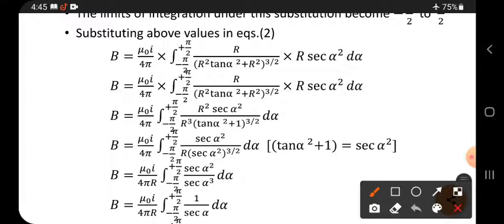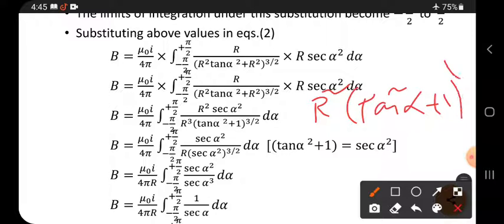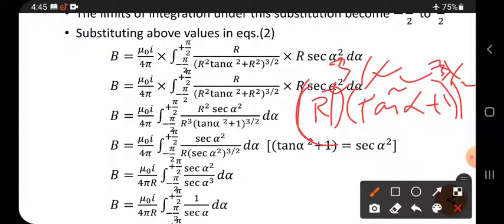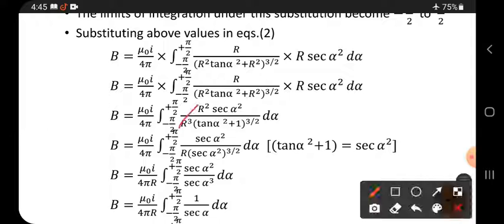Once again, see, R square I am taking, then it becomes tan square alpha plus 1, power 3 by 2, including this one. And this 3 by 2 not only belongs to this one, it also belongs to this one. Here 3 by 2, the 2 cancels, then 3 remains, so that is why R cube, R into R square. So one R remains here like this, and secant square alpha d alpha.